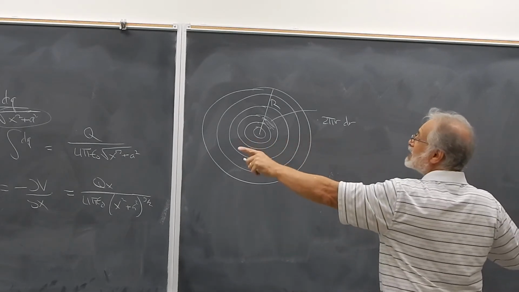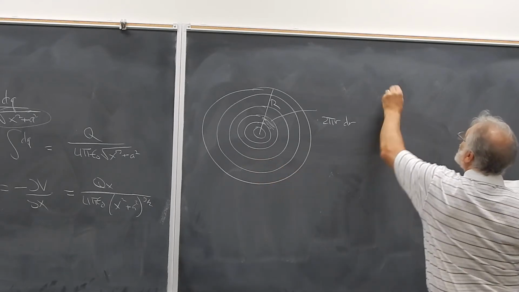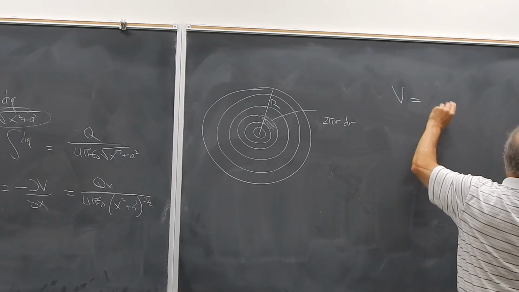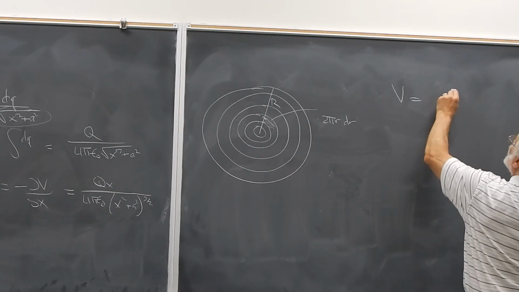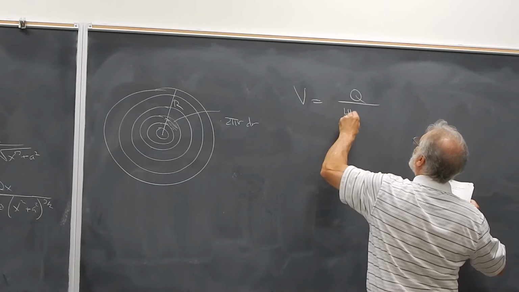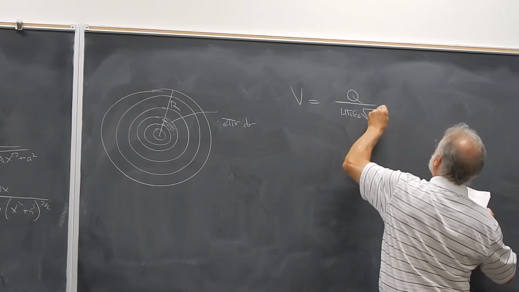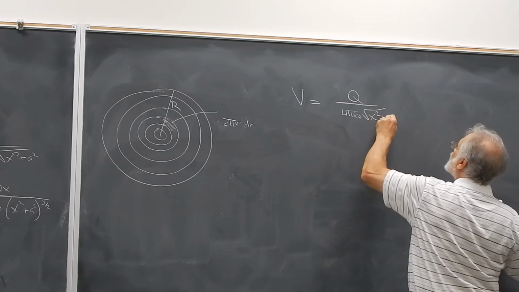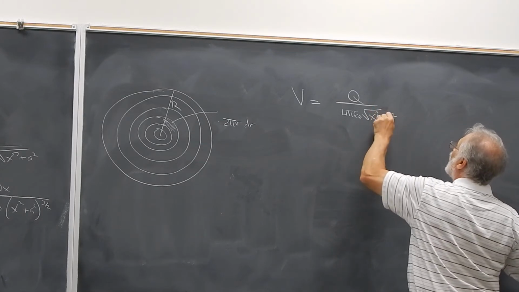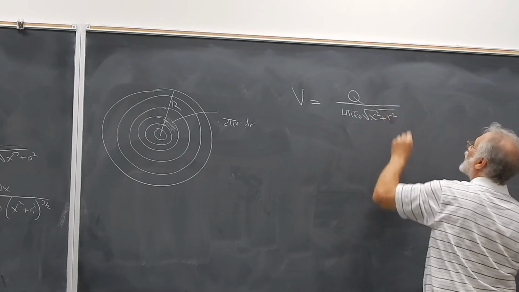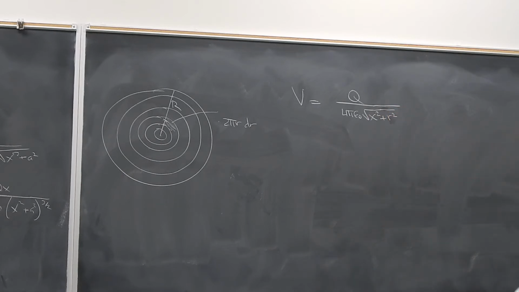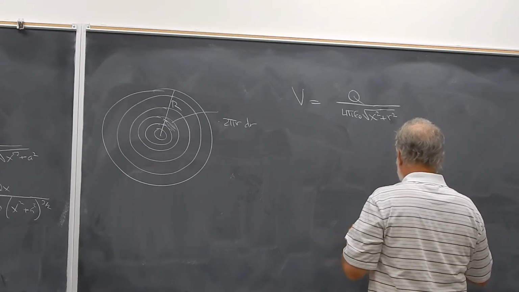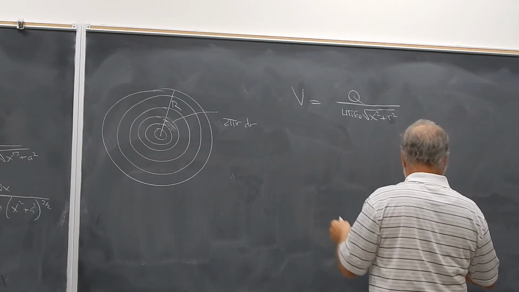I can use the answer I got before. The potential for one ring can be written as Q over 4 pi epsilon naught times the square root of x squared plus little r squared, for a ring with a particular radius little r. I can say that the area of the ring is 2 pi r dr.